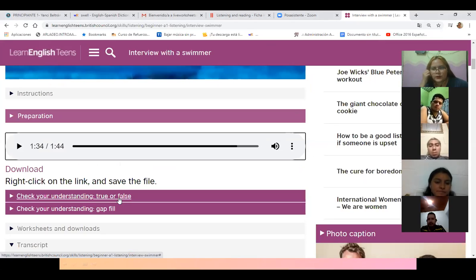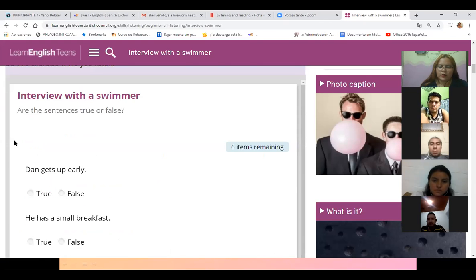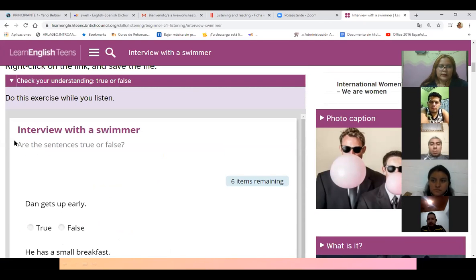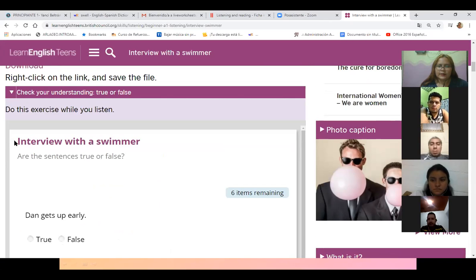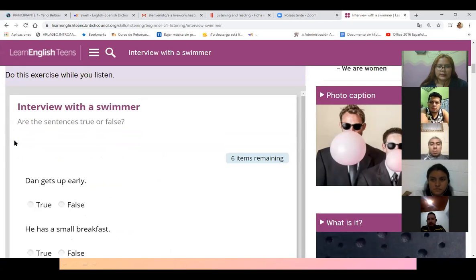True or false. Go to the purple square, ahí en el cuadrito morado. Check your understanding, true or false. When you click over there, it says, do this exercise while you listen.